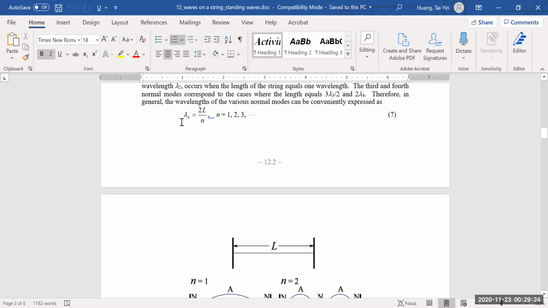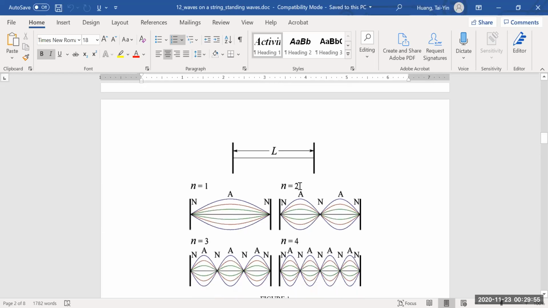That equation is lambda sub n, where lambda is the wavelength and n is the mode number, equals 2L over n, where n is 1, 2, 3, and so forth, an integer. So lambda 1, the first harmonic, the wavelength is two times the length of the string in oscillation, and when n equal to 2, the wavelength is just equal to L, just as shown here.